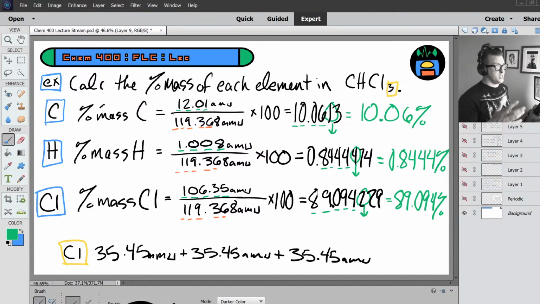So if it's multiple choice, you'll be able to tell because you're like, well, according to my calculation, I'm getting... or here, let me see. If you used 1.01, I'm just curious to see what the number would come out to be. 119.368. So Bailey, using that value for hydrogen, you would get 0.846%.